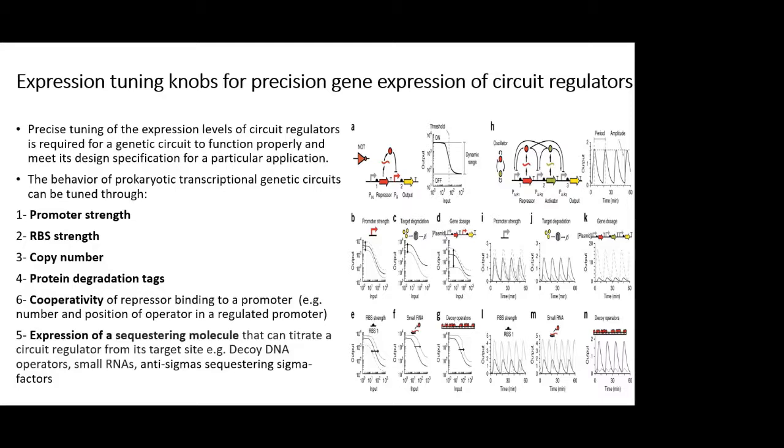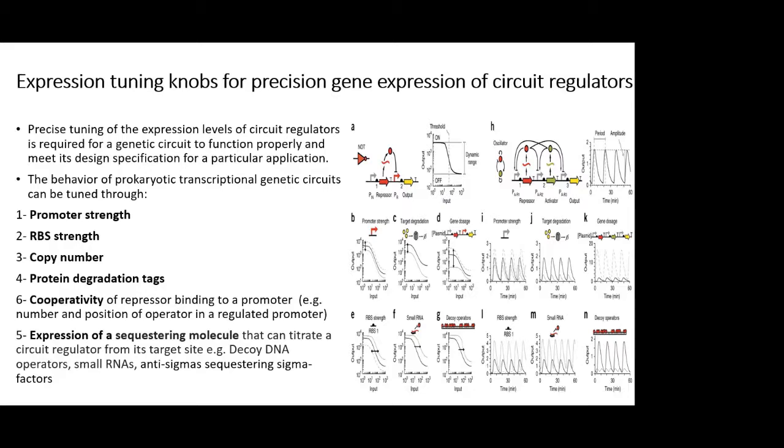These parameters control either the rate of production of your target proteins or regulators, or the rate of their degradation. The promoter controls the rate of transcription. The ribosome binding site controls the rate of translation, copy number also controls the overall expression, and the degradation rate is controlled by protease tags.